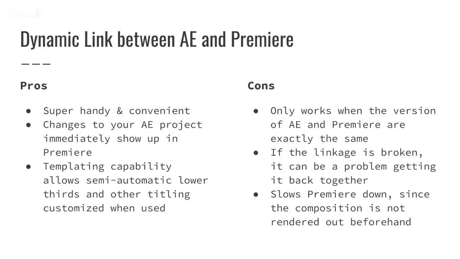So if you have text showing up on screen and it's a boilerplate lower third, and you're going to use it for every guest that comes on your TV show or every person that you interview in your documentary, you can use that After Effects template again and again and again.